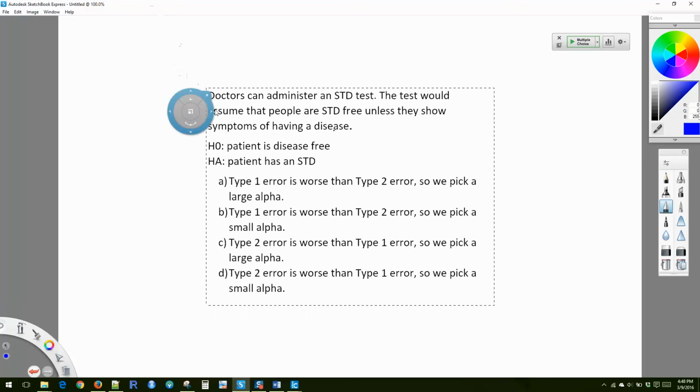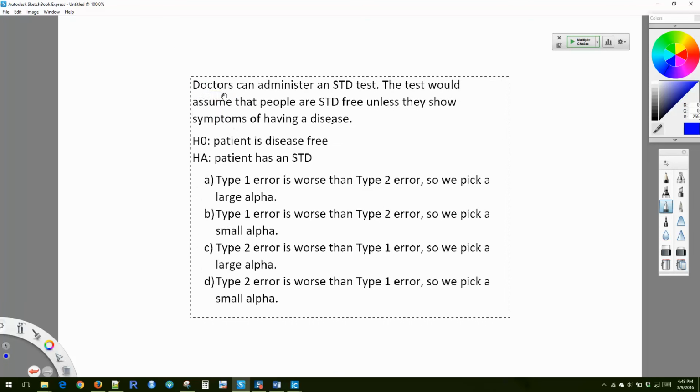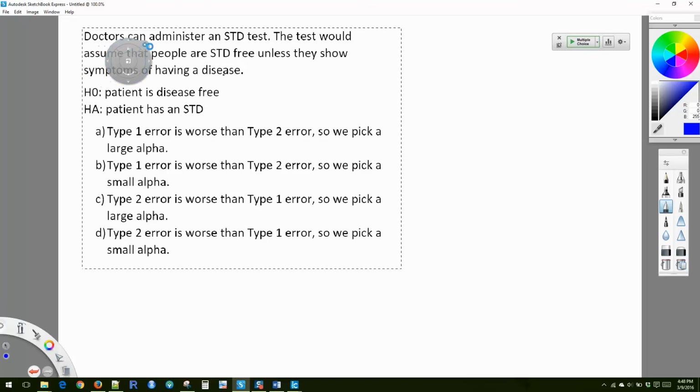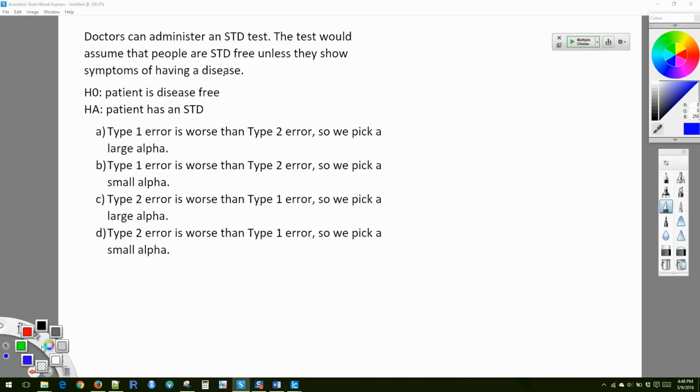Okay, so think about this one. What does it mean to commit a type 1 error? And what does it mean to commit a type 2 error? And keep in mind that alpha is equal to the probability of a type 1 error.